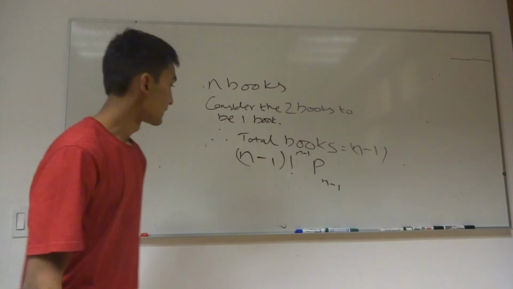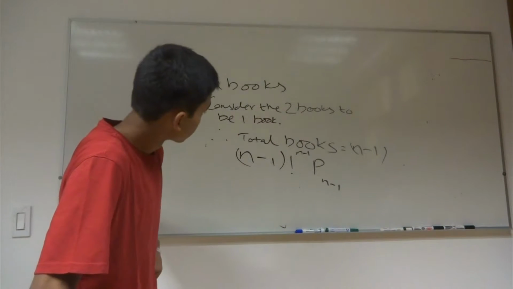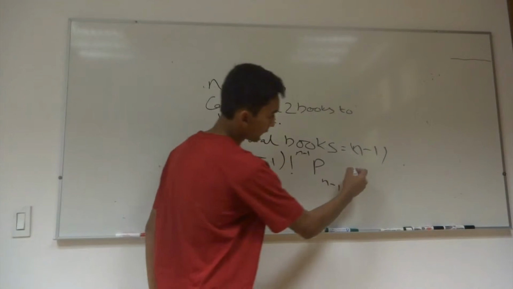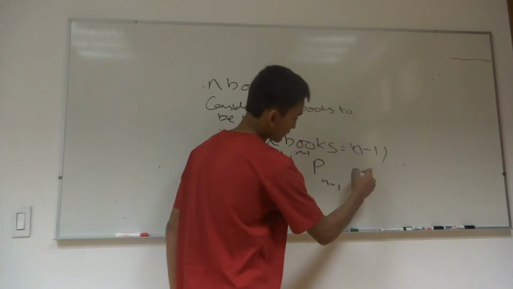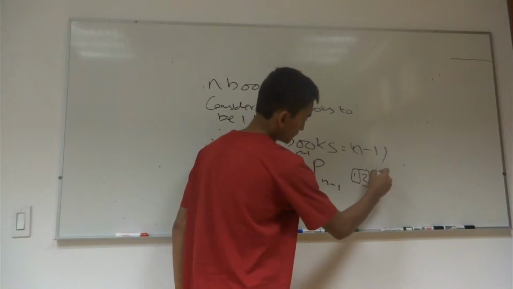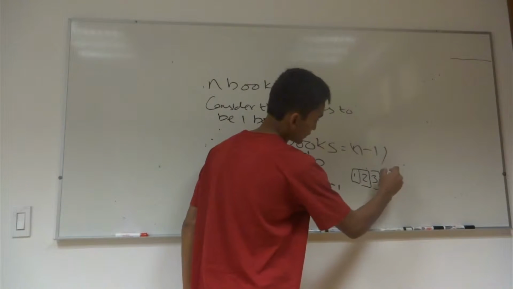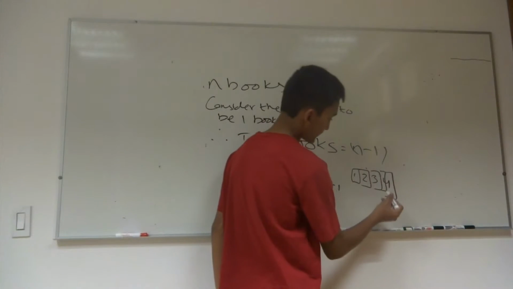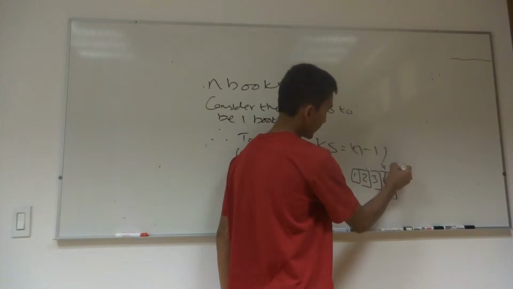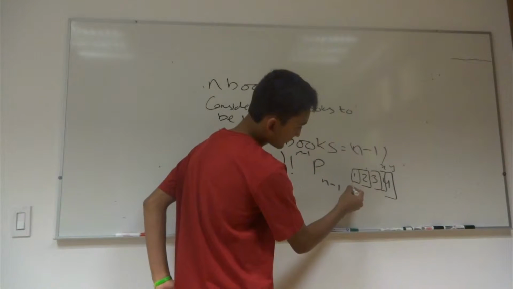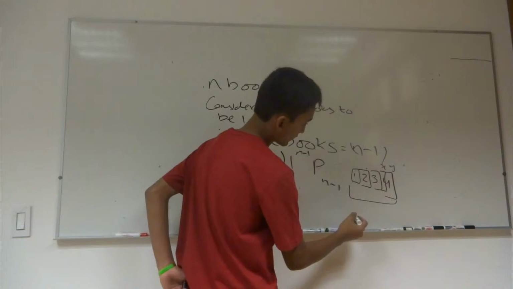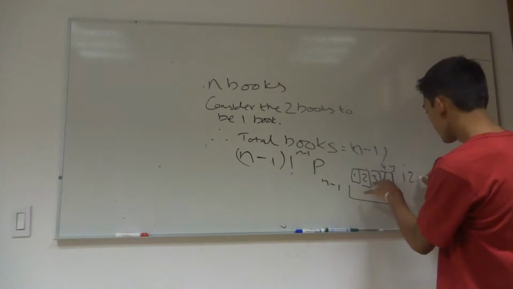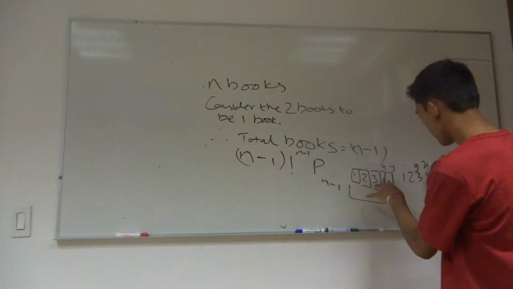So now, we can also arrange, say if we have the books, like book 1, book 2, book 3, and the two books which we consider as one, label them as X and Y. So when we have considered this one arrangement, we can have the same arrangement 1, 2, 3, but with Y and X swapping their positions.